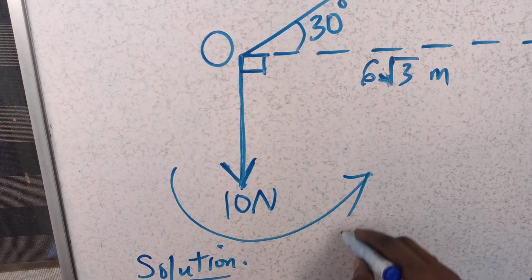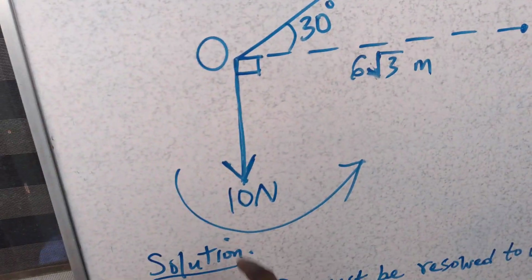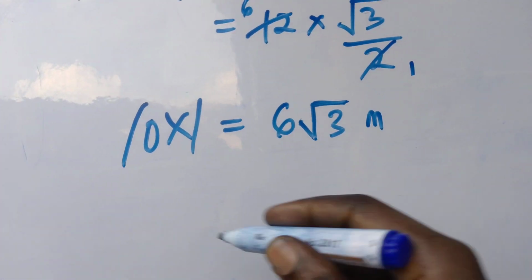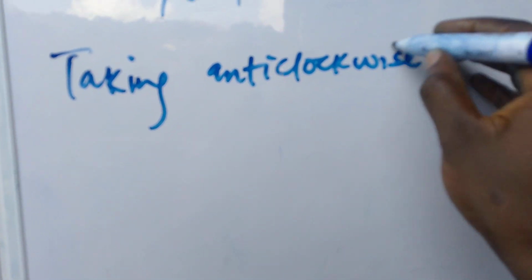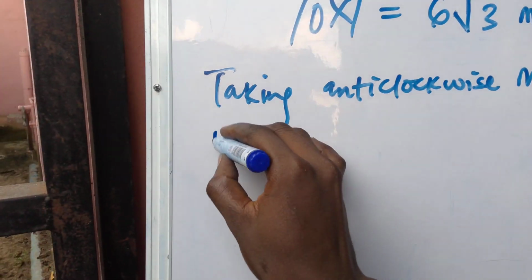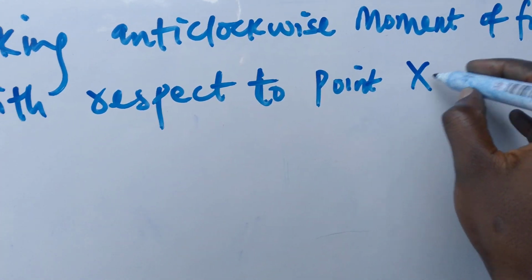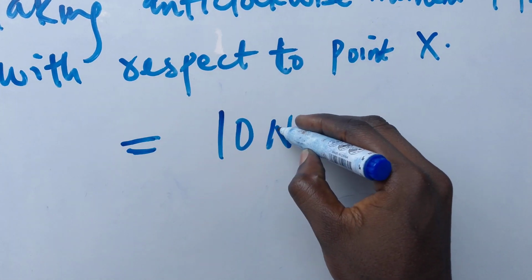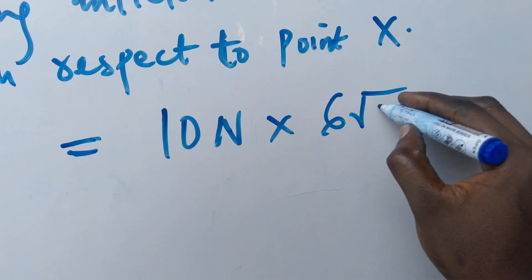Taking anticlockwise moment of the force 10 Newton with respect to point X, I'll have 10 Newton times the distance, 6 root 3 meters.